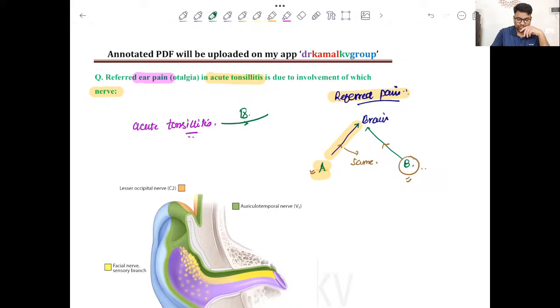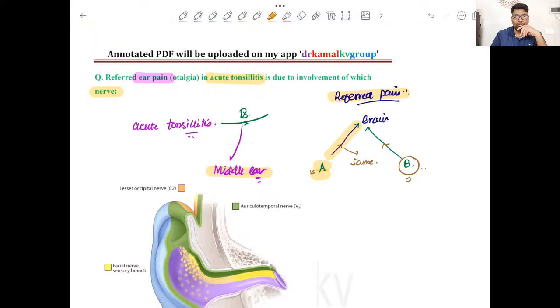The ninth nerve is also one nerve which carries pain sensations from the middle ear. The nerve supply of the middle ear is provided by the glossopharyngeal nerve. So the pathology is in the tonsil, but the pain is felt by the patient in the middle ear, and that is known as referred pain, because there is no pathology as such in the middle ear.